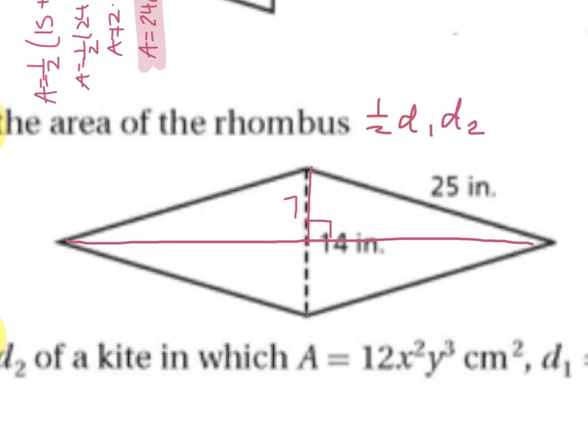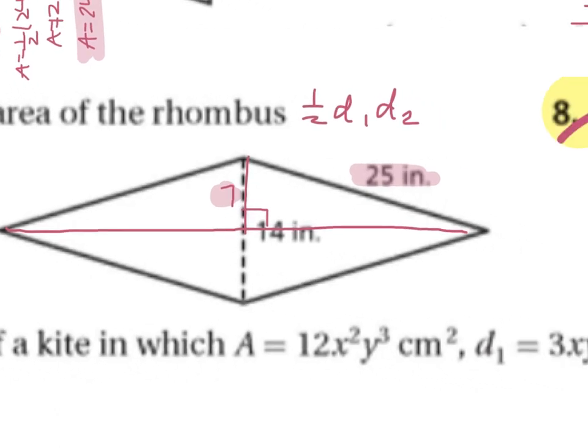And they bisect perpendicularly, meaning that this is going to be a right triangle. So we have a right triangle with a side length of 7 and a hypotenuse of 25. So we can now do the Pythagorean theorem to help us find the other side length, which would be this side.